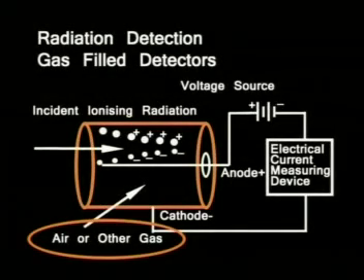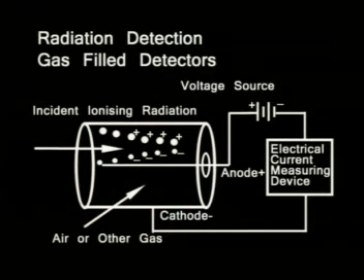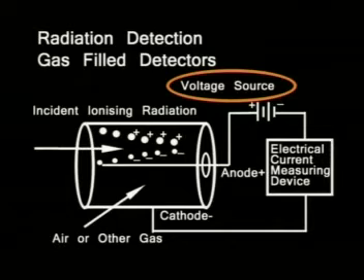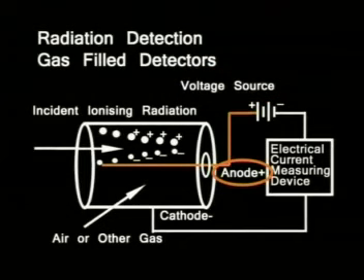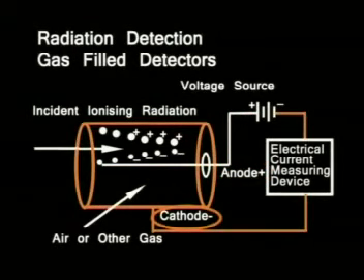You have your Geiger tube, and inside it's air, or you can use a gas. It is connected to a voltage. It's got electrodes. The one in the center is the anode, which is a positively charged electrode, and the shell is used as a negatively charged cathode. It is connected to the voltage supply.